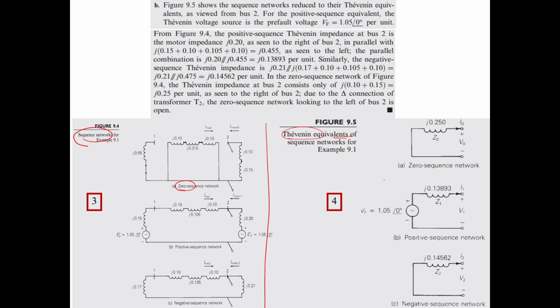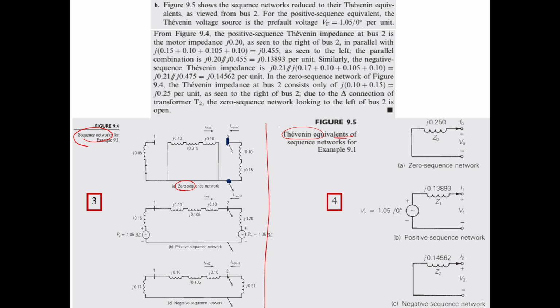The Thevenin looking from this point, you can realize from the circuit itself. If you stand here at point number two, with respect to the ground, basically when you measure something, you measure from that point with respect to the ground.